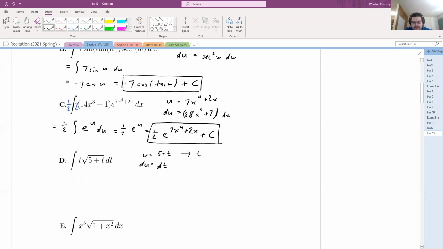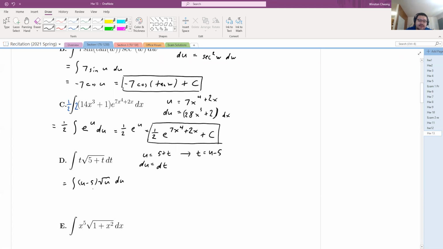Okay, so according to this, t is equal to u minus 5. Okay, so now we have a way to convert the square root over, the t over, and the dt. So we perform the u sub, right? We convert everything over. So this is u minus 5 times the square root of u, and dt gets converted over to du.